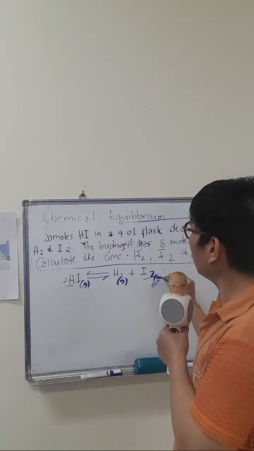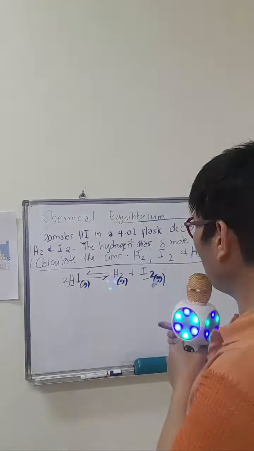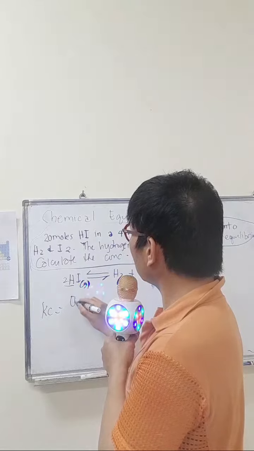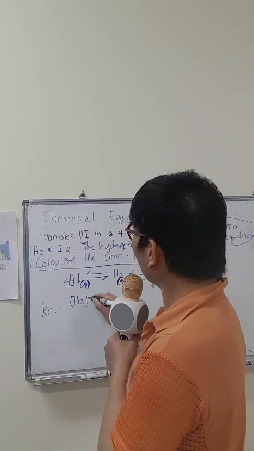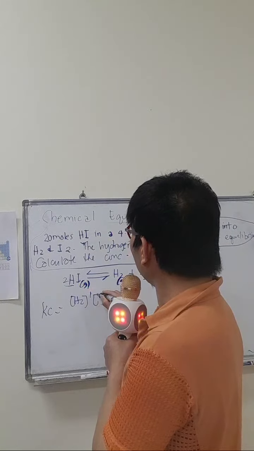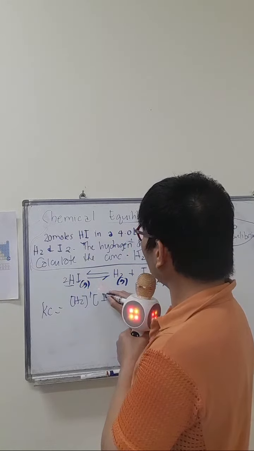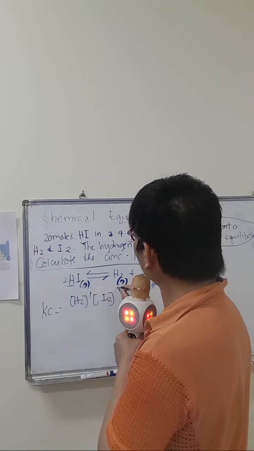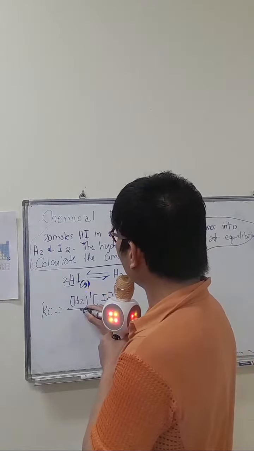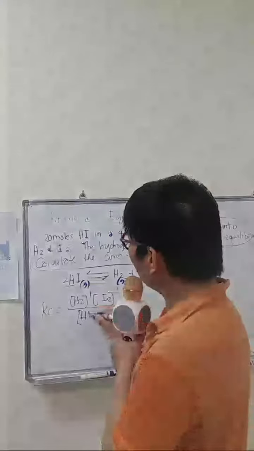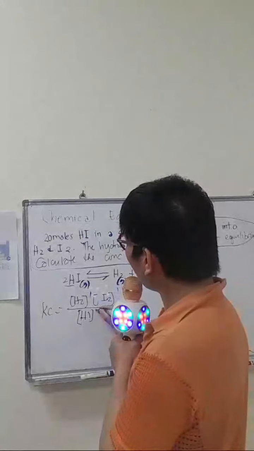Now, the equilibrium Kc is equal to the concentration of H2 raised to the power 1, times I2 raised to the power 1 also, over hydroiodic acid raised to the power 2.